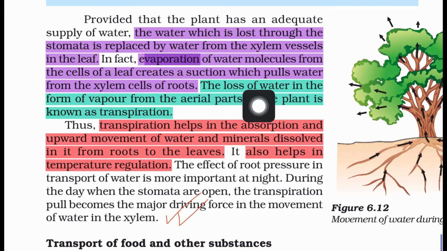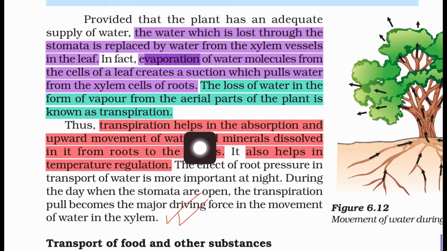The loss of water in the form of vapor from the aerial parts of the plant is known as transpiration. This is the definition of transpiration. What is the meaning of aerial parts? Aerial parts means the parts which are connected to the environment directly. The best example of aerial parts is the leaf.